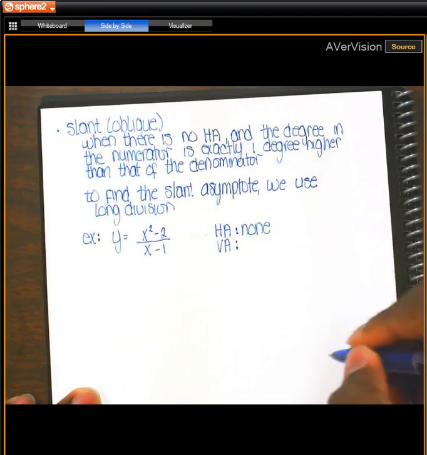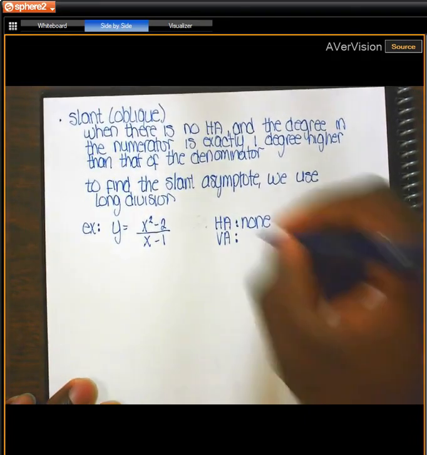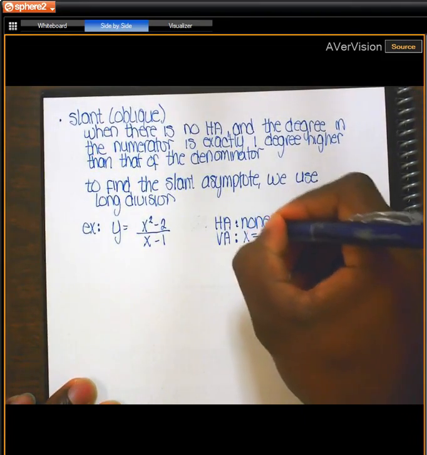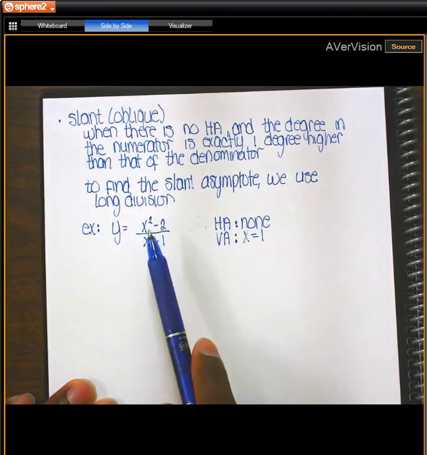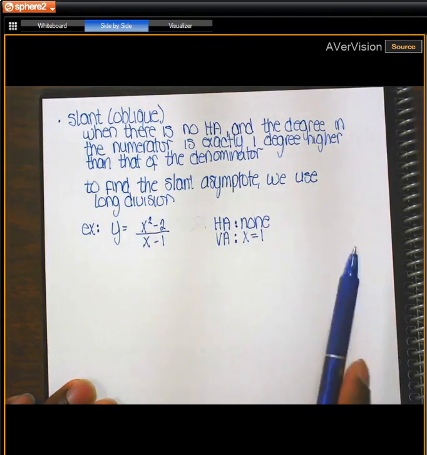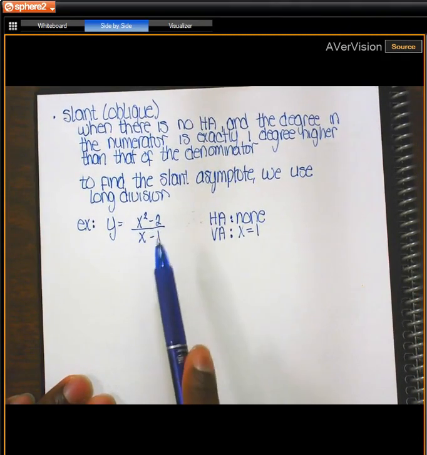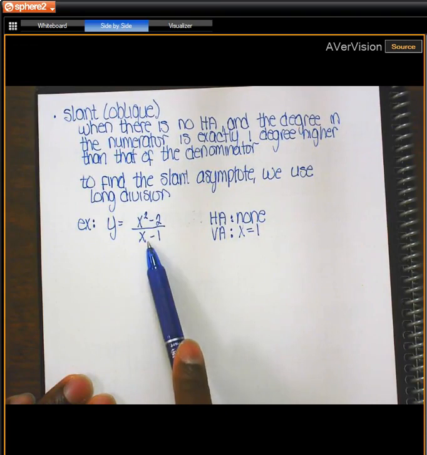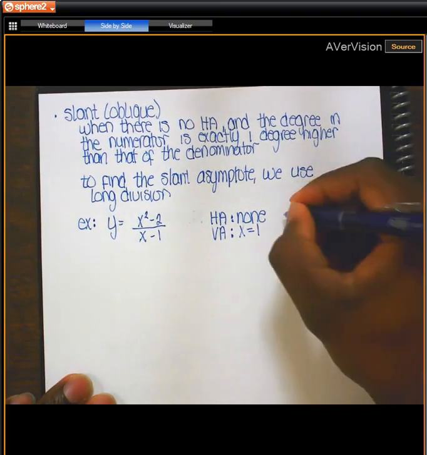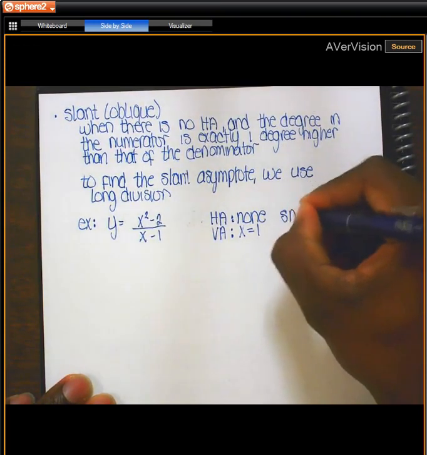For vertical asymptote. Yep. So horizontal asymptote, we look at the degrees. We have none because the degree in the numerator is higher than the denominator. For vertical asymptote, we look at the denominator. We set it equal to 0 and solve for x. Do we have a slant asymptote?